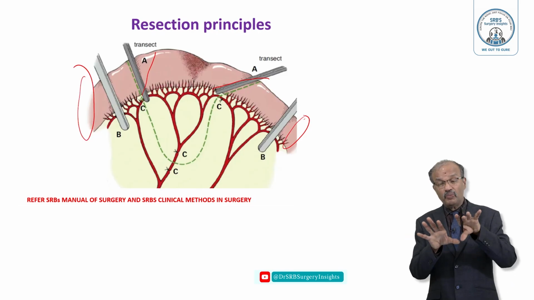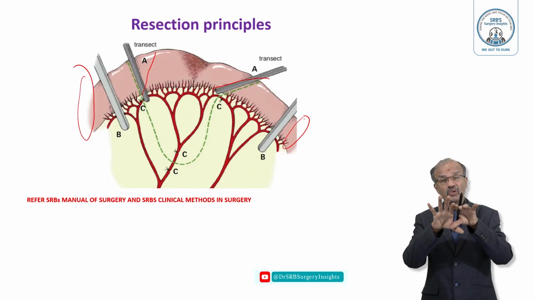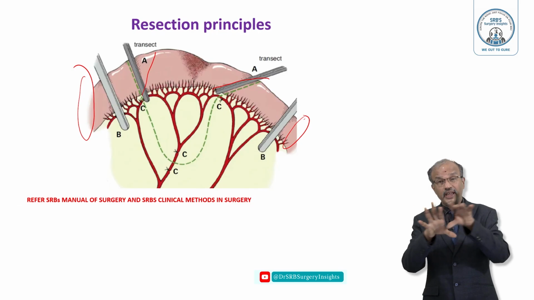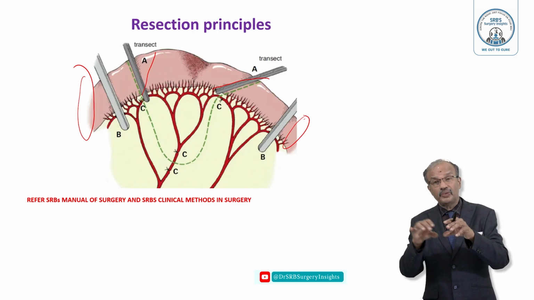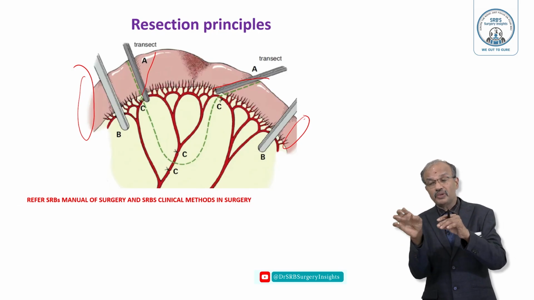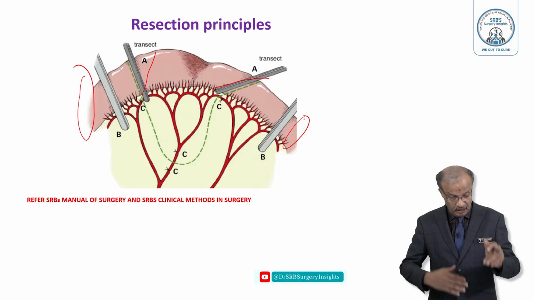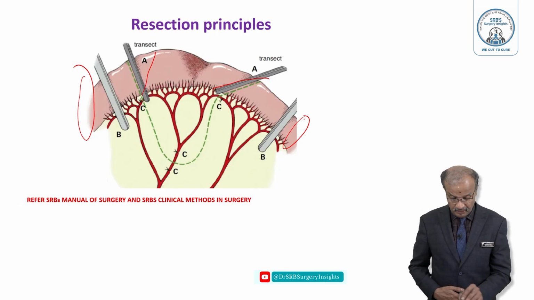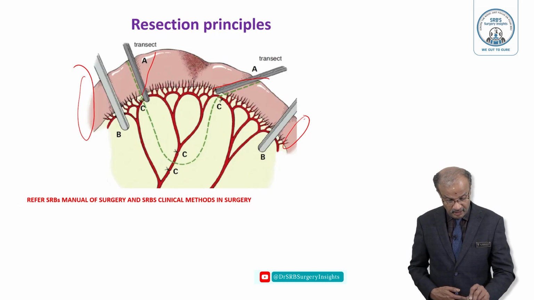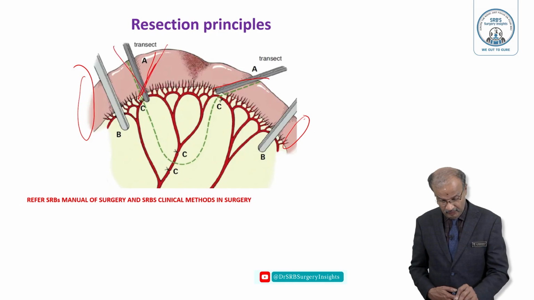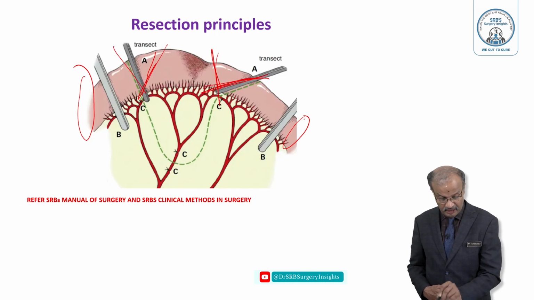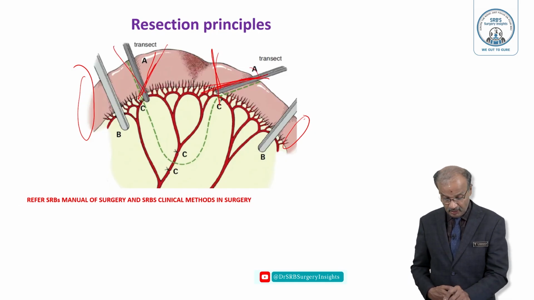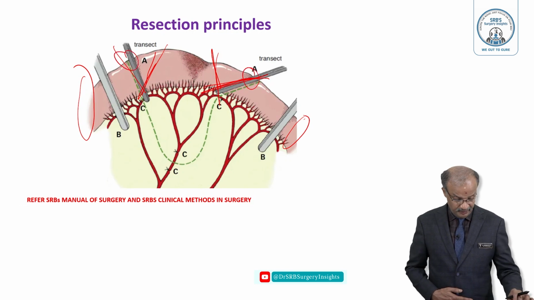To make the lumen calibers more or less equal, the smaller diameter area should be cut more obliquely, so that the caliber becomes almost equal. Never apply like this; always apply obliquely like this. That's important so that the blood supply of this area will be maintained.